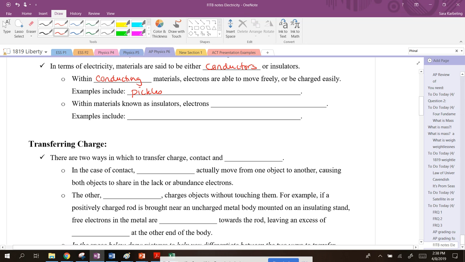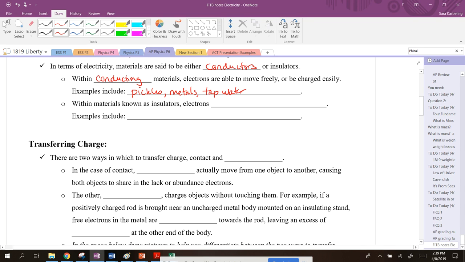Tate, do you have any more? Metal. Some metals. Many metals. Anybody else have one more? Water. In particular, what kind of water? Tap water. Pool water. Non-distilled water. Yes. Gatorade is a good conductor as well.